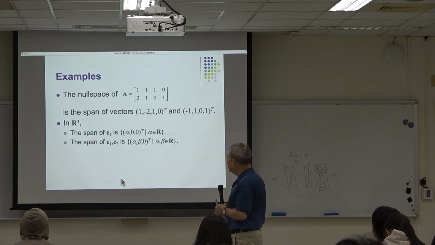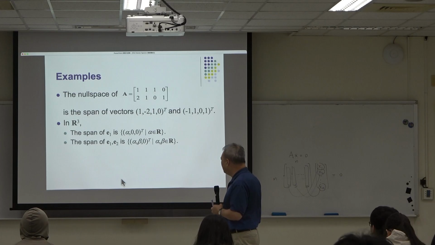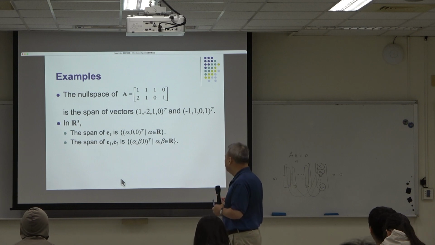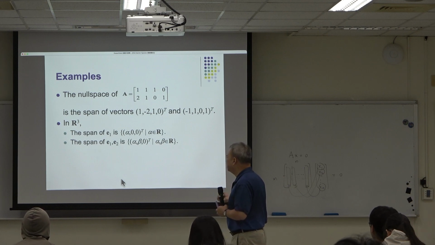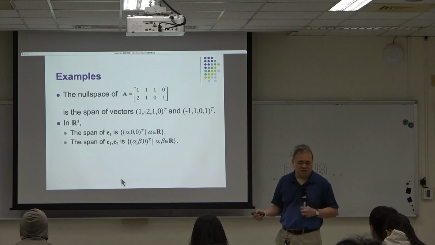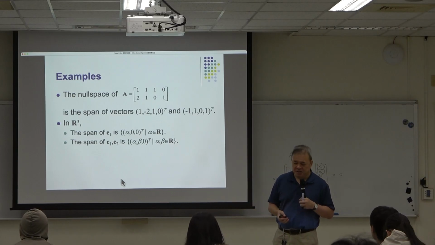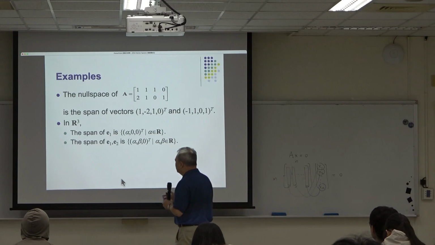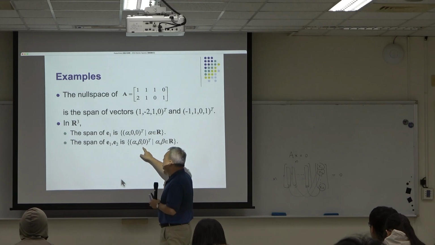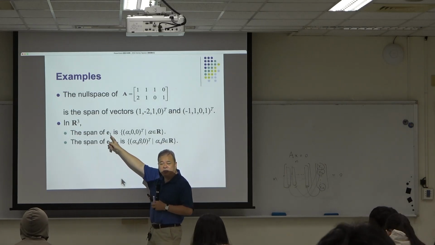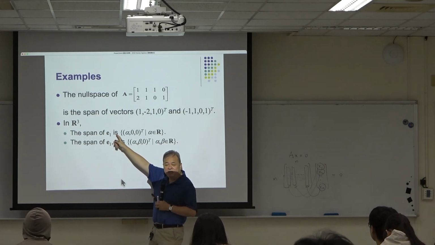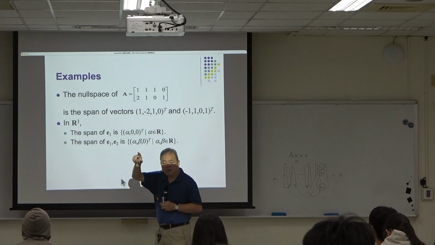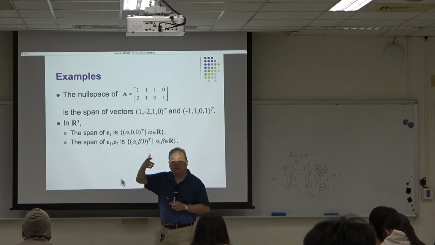In R3, the span of E1 is alpha, 0, 0, where alpha is any number. This must be a subspace of R3. That's very easy to verify. The span of E1, E2 is basically alpha, beta, 0. You know the definition of E1, right? E1 is 1, 0, 0. E2 is 0, 1, 0.